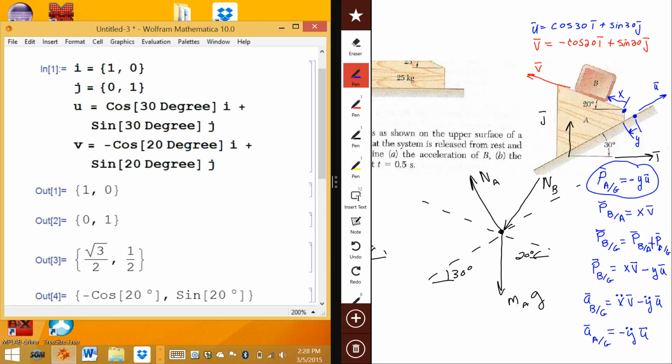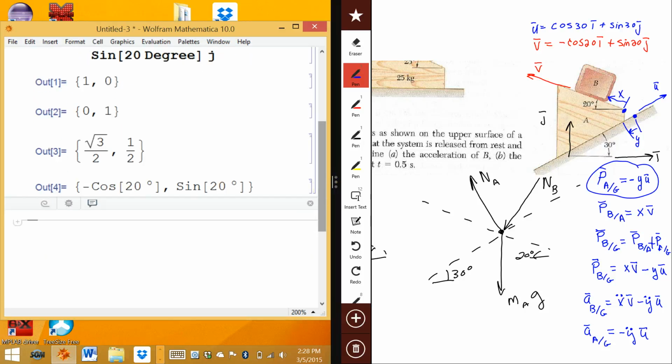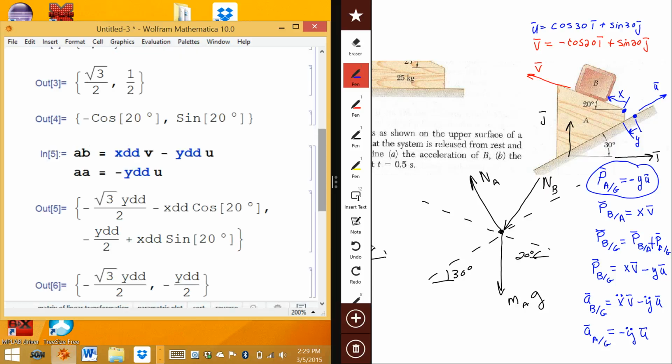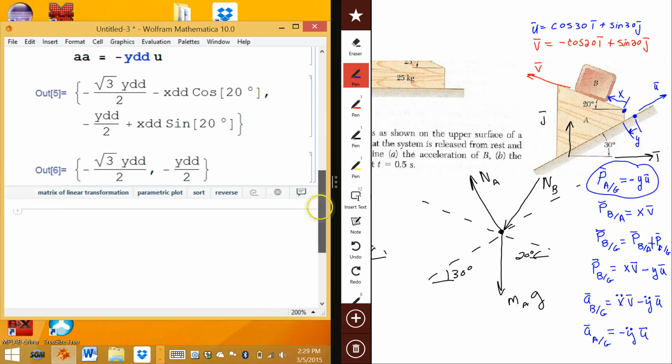So there's my I, j, u, and v. Now what I'm going to do is define the acceleration. So the acceleration of b is x double dot in the v direction minus y double dot in the u direction. And the acceleration of a is minus y double dot in the u.